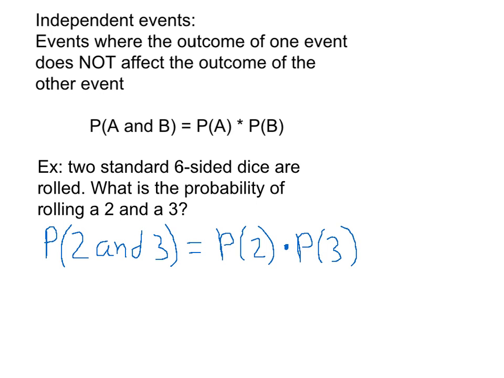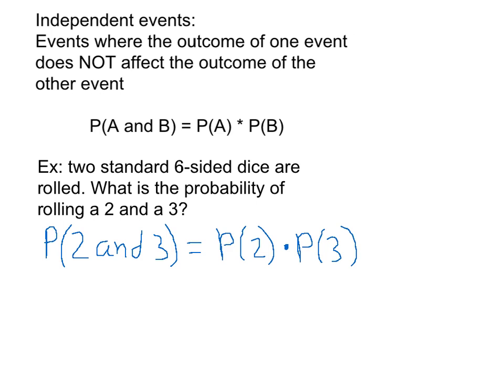First of all, why are these events independent? Again, our definition of independent says that the outcome of one event does not affect the outcome of the other. When you roll your dice, the number that shows up on the first die has no effect on what number shows up on the second die. They're totally separate things. They're just happening together.